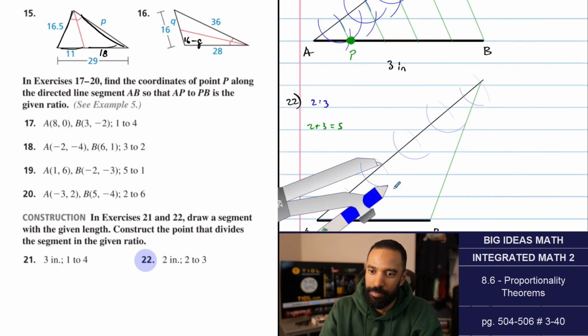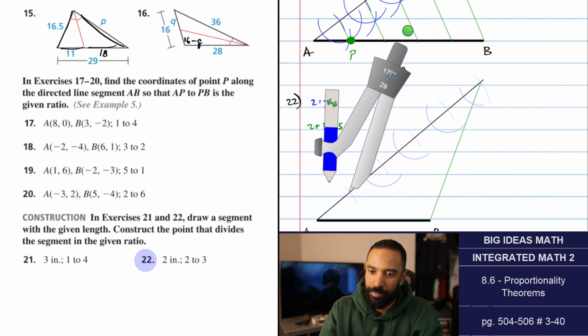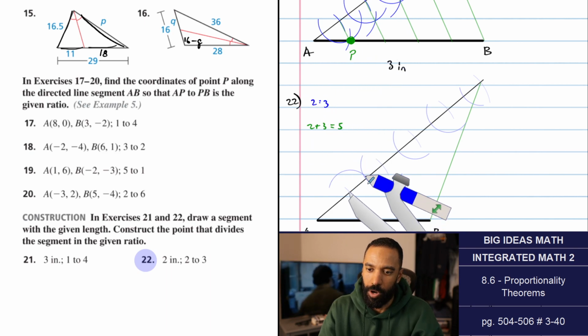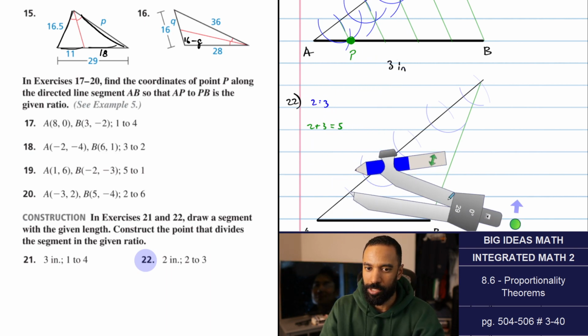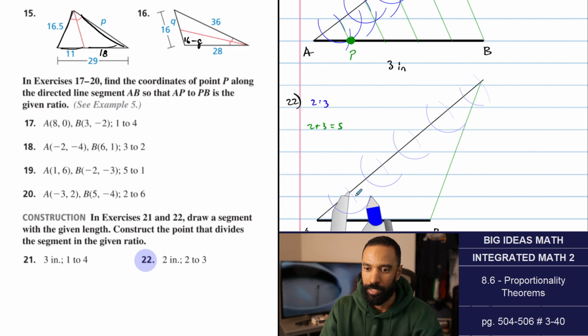Once I let go, it snaps off the thing. It doesn't look like I can get right on it, so I'll go this way, not that way.